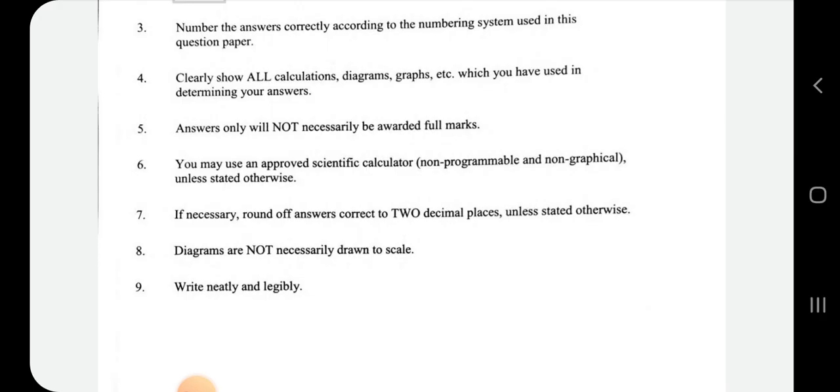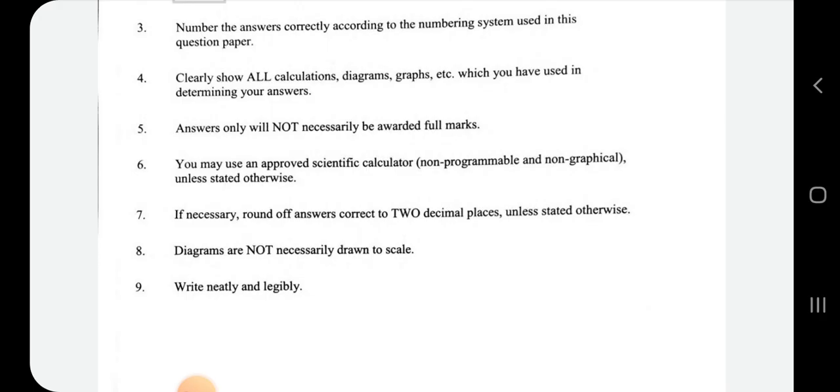If your answer is incorrect, but the steps are correct, you will be allocated your marks for the steps. So if it's 3 marks, those 3 marks do not account for just the answer, the steps will also get marks. So show all your steps in mathematics, please, or else you'll be losing out on a whole lot of marks.